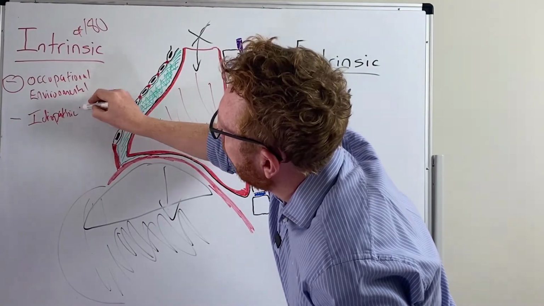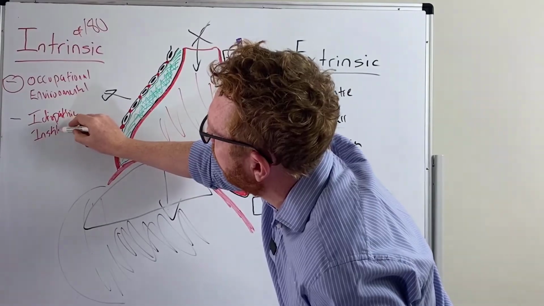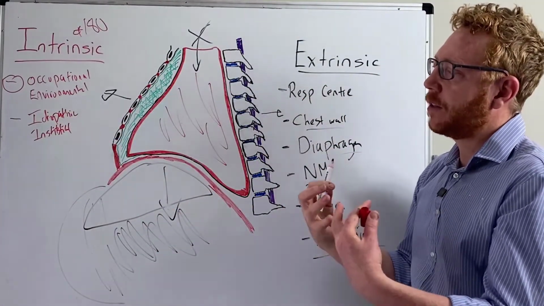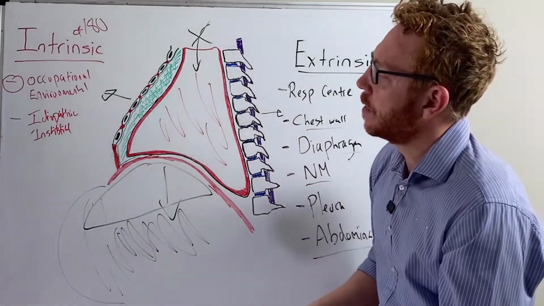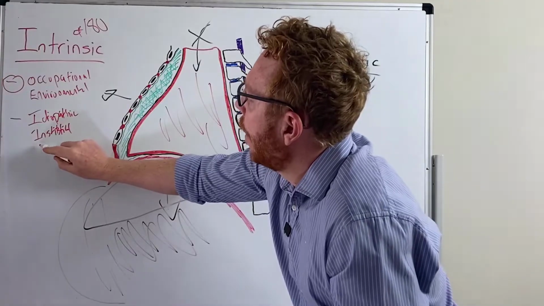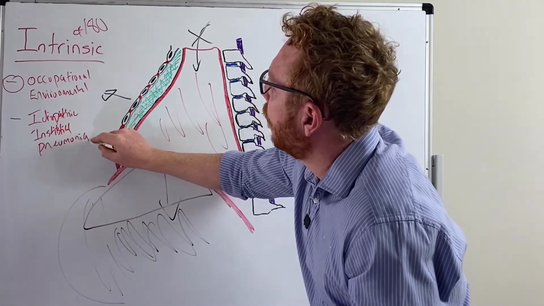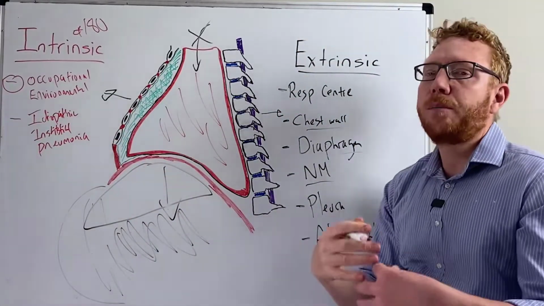Intrinsic, or interstitial, should I say? Interstitial meaning between the alveoli, so in the extracellular space between the alveolar sacs, interstitial pneumonia. So basically in this category, a good example would be idiopathic pulmonary fibrosis.